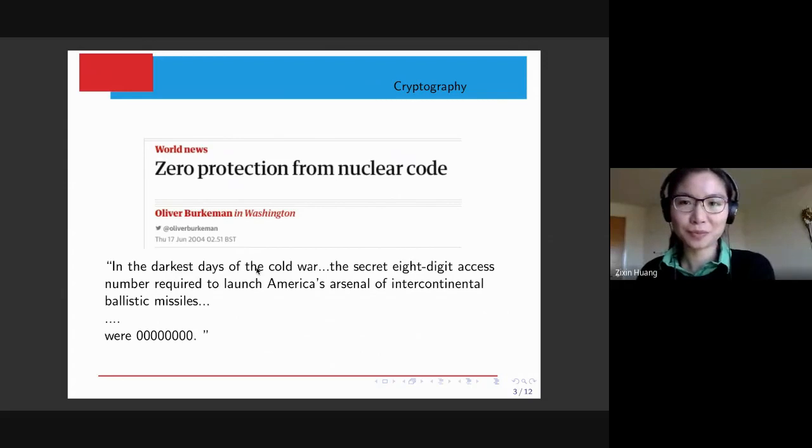So this is almost uncrackable, but for those of you who are interested in history, apparently, if you read this article here, it'll tell you that for about 1.5 decades, the nuclear launch code for the United States was 8 zeros. So not the most secure code you can use for something so important.